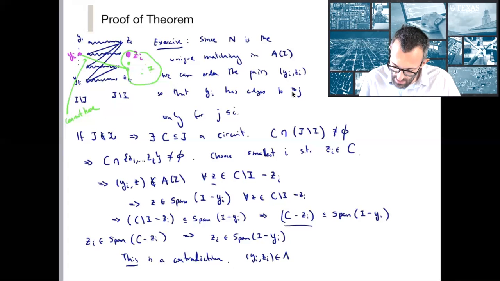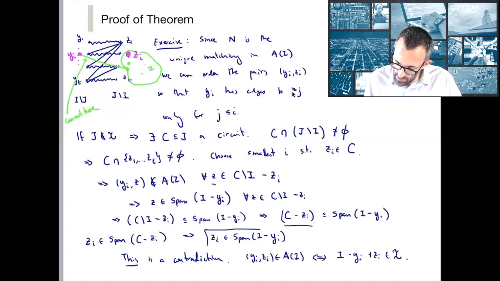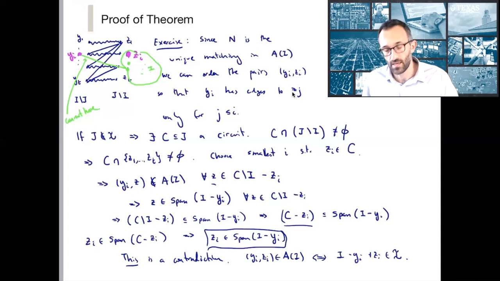This is in A of I, which is exactly equivalent again to saying that I minus Yi plus Zi is in I. But that contradicts the statement that Zi is in the span of I minus Yi, and hence I minus Yi plus anything else in its span wouldn't continue to be an independent set. So the contradiction proves this result.